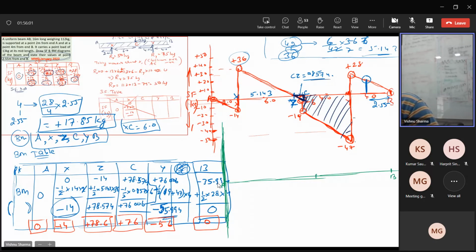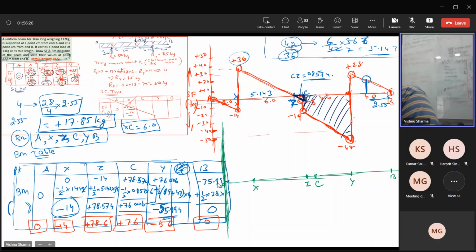Then we have center C. Very close to center C, we have Z. Then out of this entire length of 16 meters, out of 8, we have 4 and 2. Somewhere here we have X, and midway between these two, I have Y.